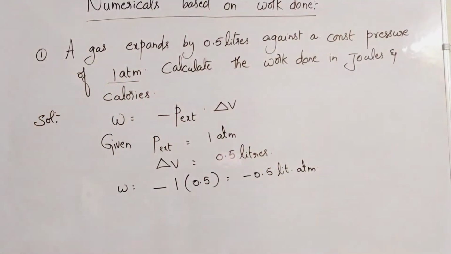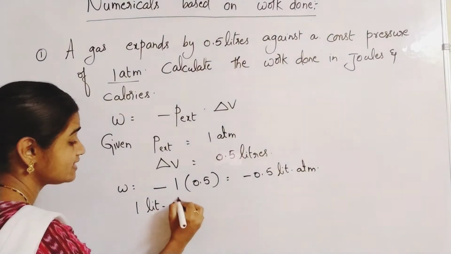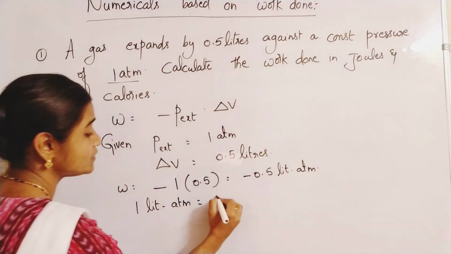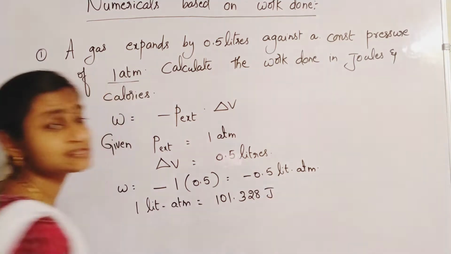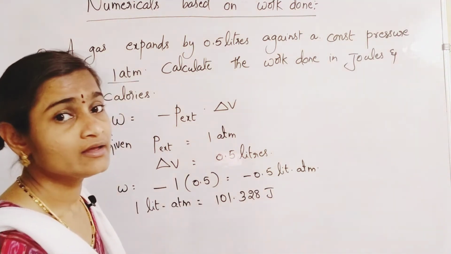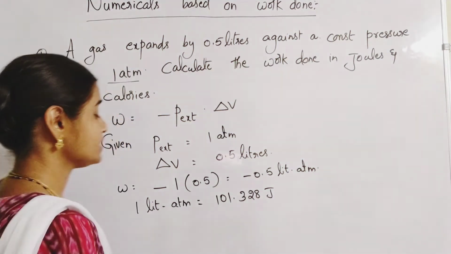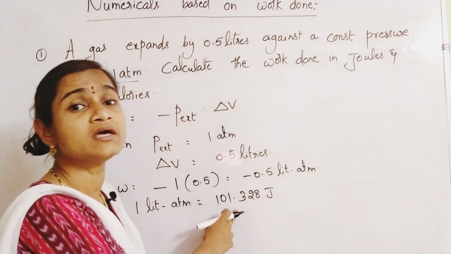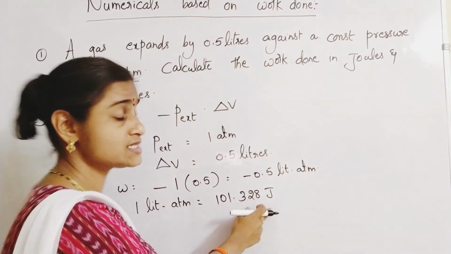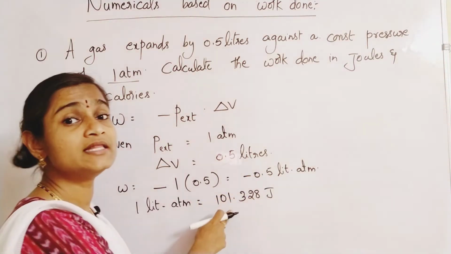What is the conversion? 1 liter atmosphere is equal to 101.328 joules. So you have to multiply 0.5 with this value.